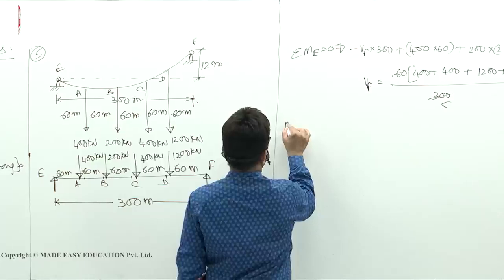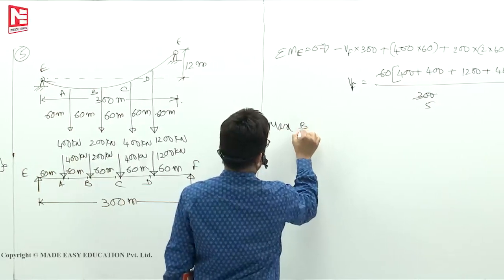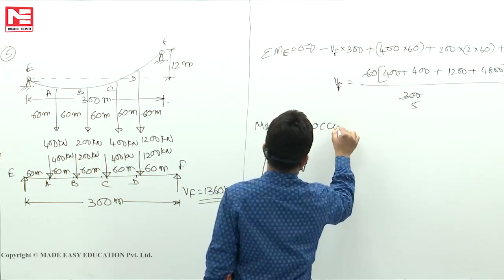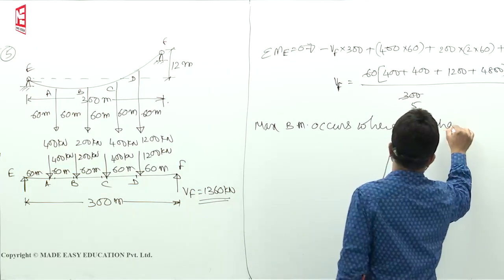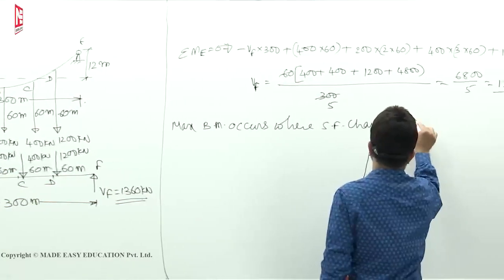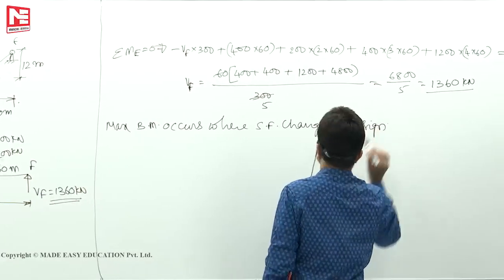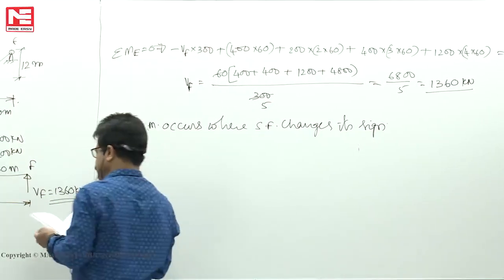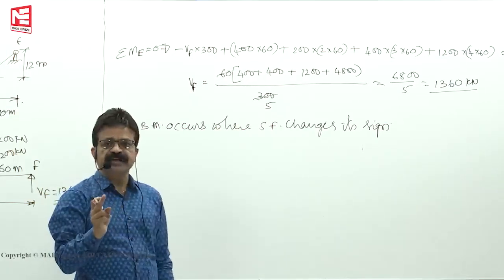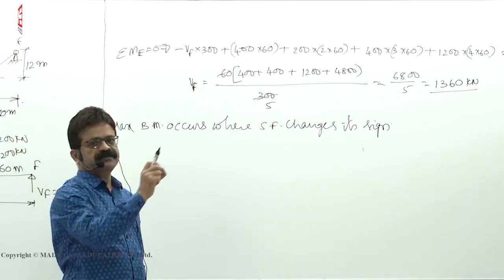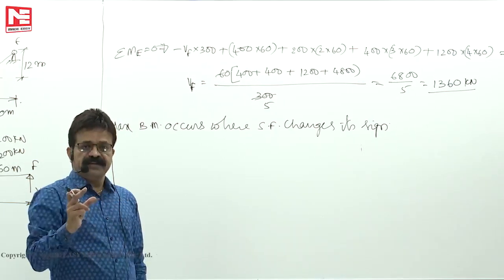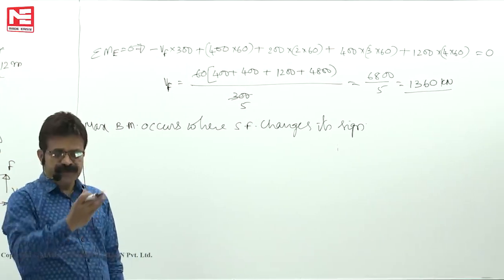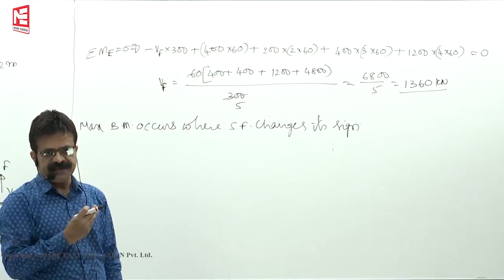Maximum bending moment occurs where shear force changes its sign. Wherever maximum bending moment is, maximum sag is there. But maximum bending moment happens wherever the shear force changes its sign.